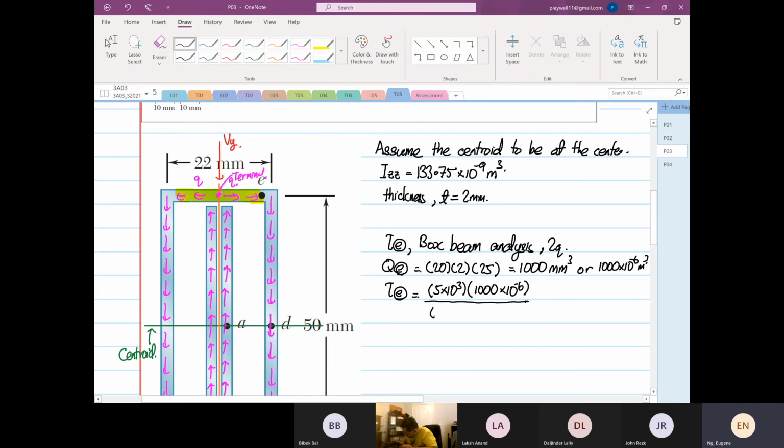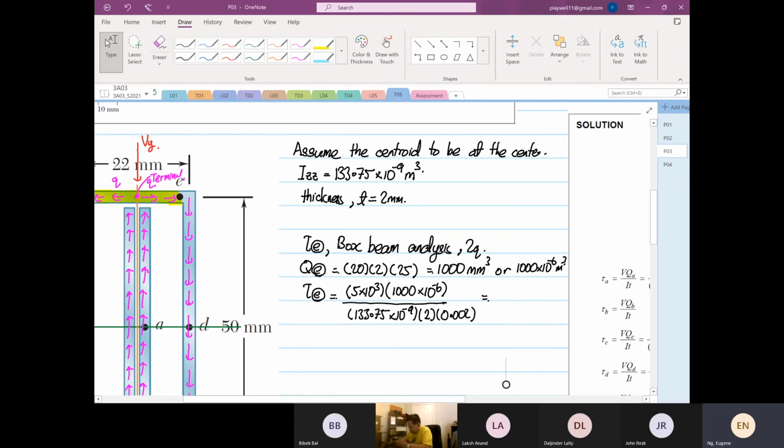The I is 133.75 times 10 to the power minus 9. 2Q, the thickness is 0.002. So 5 power 3 times 1,000 power minus 6 divided by 133.75 power minus 9 divided by 2 divided by 0.002 is equal to 9.345.